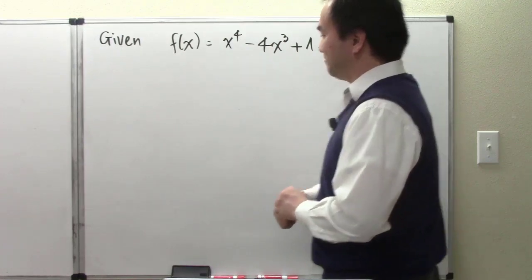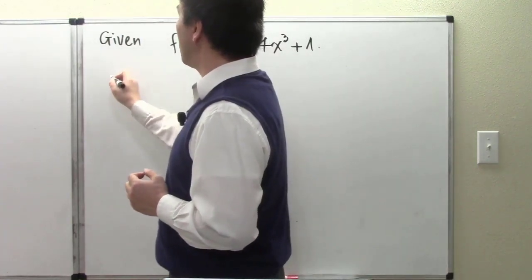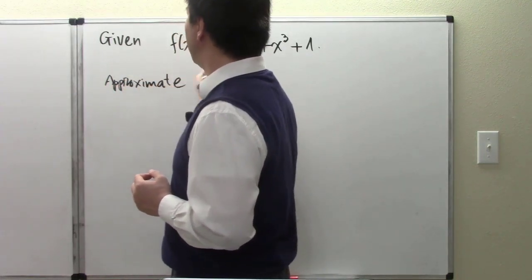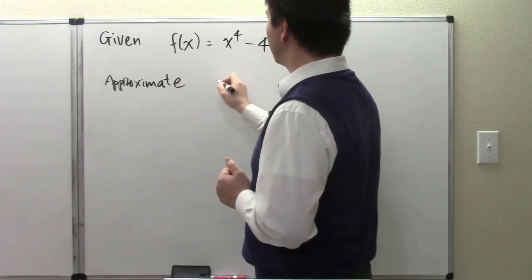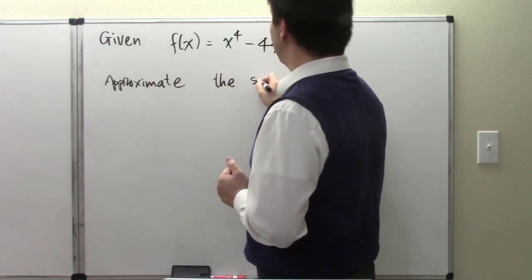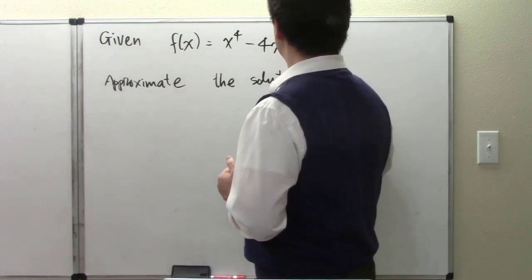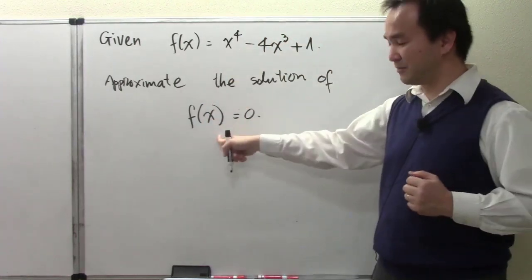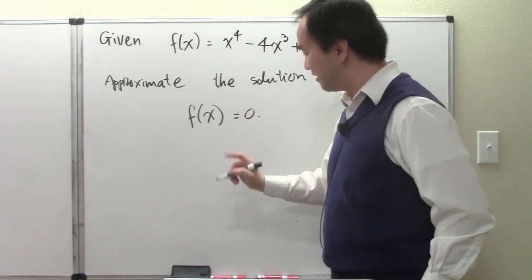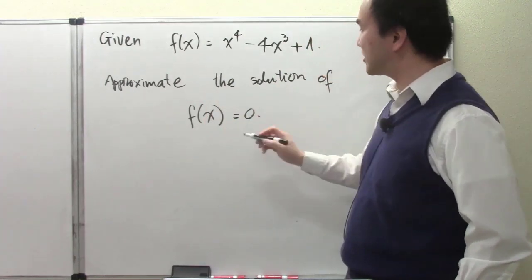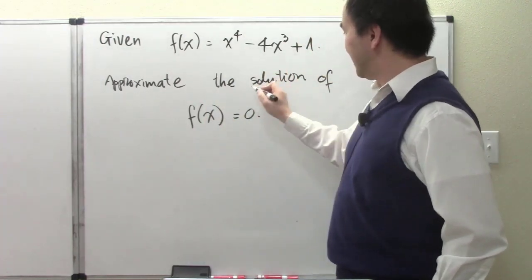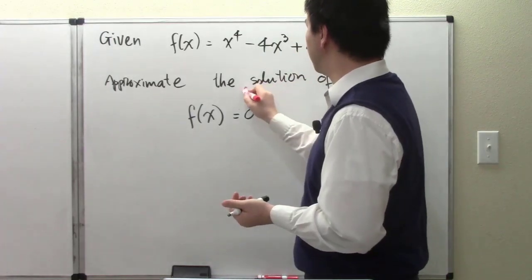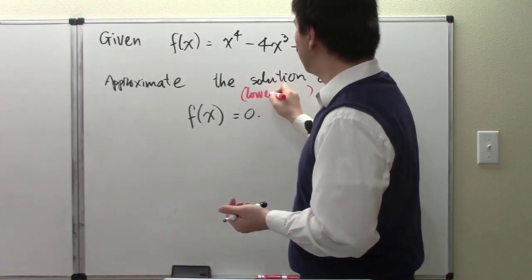Our goal here is to approximate the solution of f of x equals 0. This is our f of x, and as I have shown in the graph, there are two solutions. To be precise, I'm going to put a note in parentheses: the lower value.